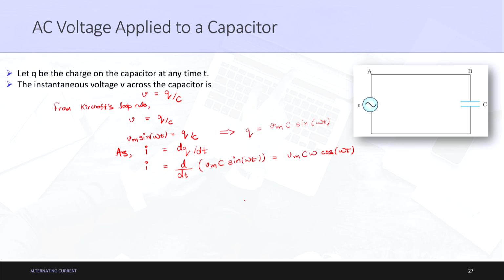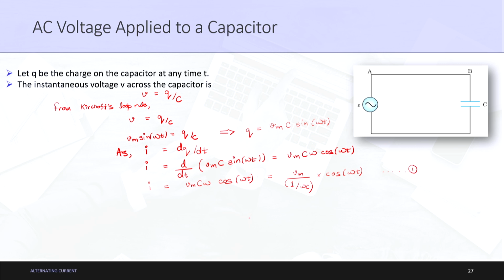So, basically we got that small i is equal to Vm C omega cos omega t, or in another way we can write this as Vm upon 1 by omega C into cos omega t. Both are the same. So, this is the first equation of current which is derived.